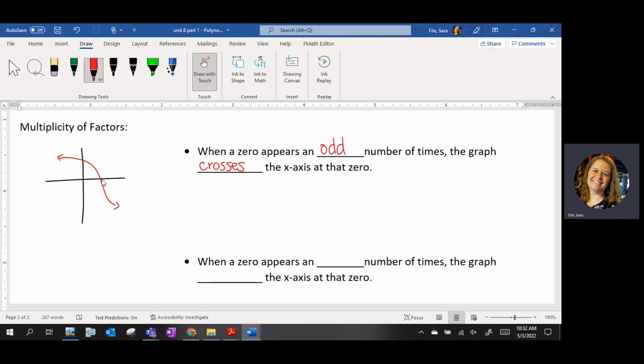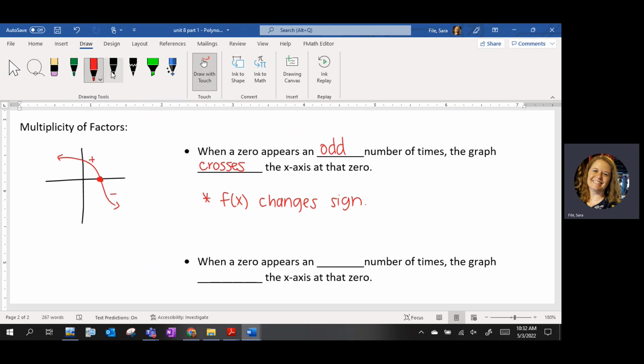At the 0, the function is actually crossing the x-axis. Your function is going from positive to negative or vice versa, but it is changing signs. It's going from above to below the x-axis. So your function, your f of x, changes sign.